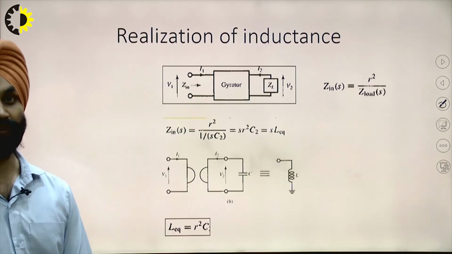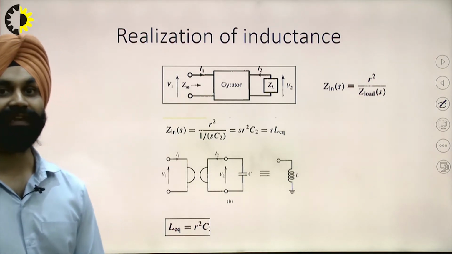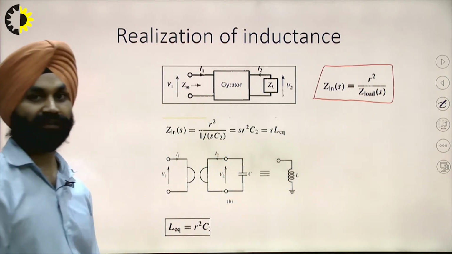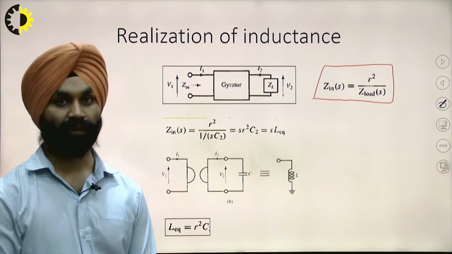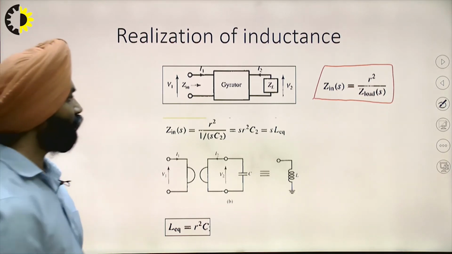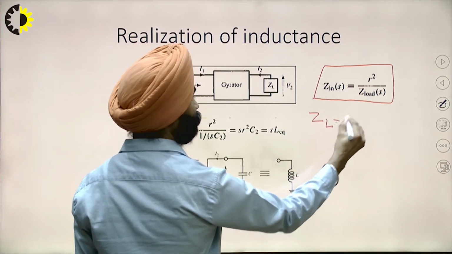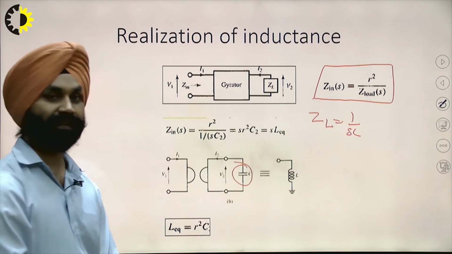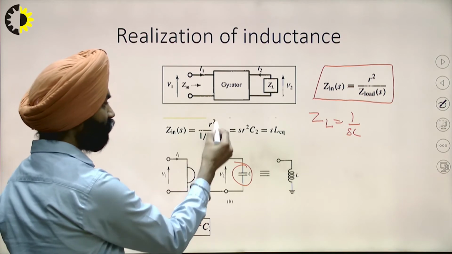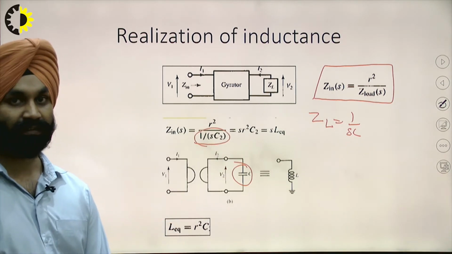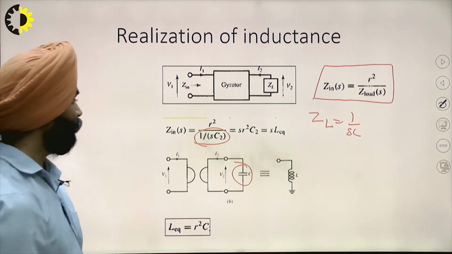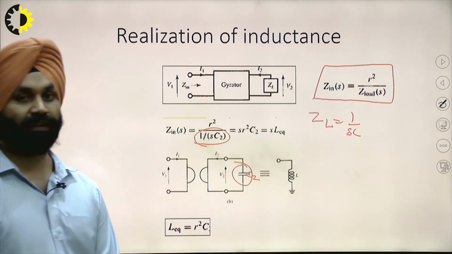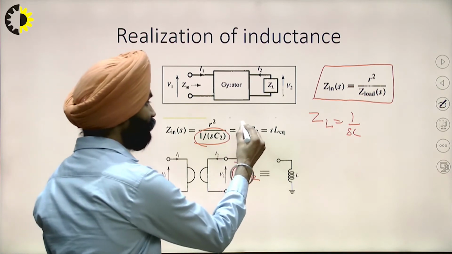For example, if we want to realize an inductor, take the same equation, Zin is equal to R square upon Z load, so the input impedance is inversely proportional to the load. If the load is capacitive, that is ZL is 1 by SC, and we implement a capacitor at the gyrator output, then it can be written as R square upon 1 divided by SC, and if we simplify it, it will be S into R square C. Let's suppose this is C2, due to the notation.